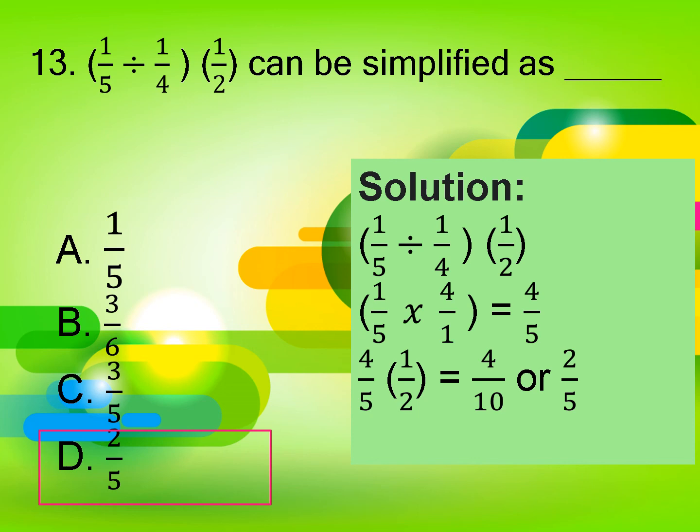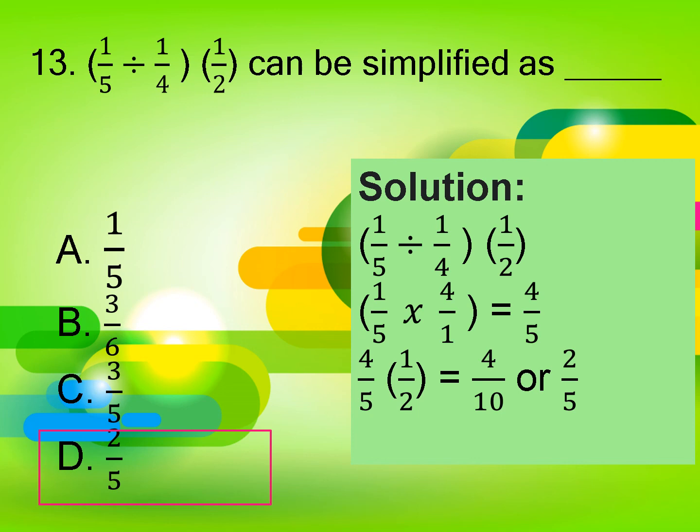Our numerator here is 1, so we'll make it our denominator, and 4 will be our numerator. Then proceed to the multiplication process. That is 1 times 4 equals 4, 5 times 1 equals 5. So this is now the result, 4/5.